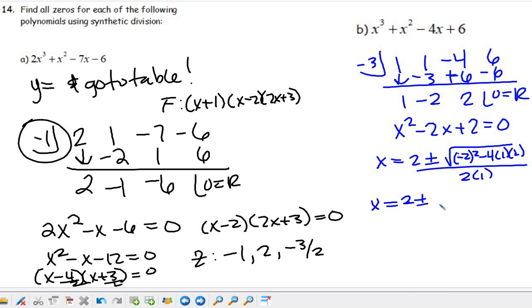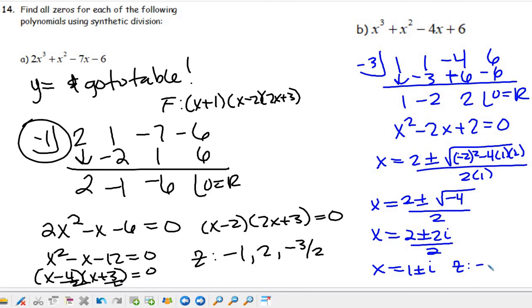So 2 plus or minus the square root of negative 2 squared minus 4 times 1 times 2, which is negative 4. So that's kind of nice. So I have x equal to 2 plus or minus 2i over 2, which simplifies to 1 plus or minus i. So your zeros would be negative 3, the first one that you found, and 1 plus or minus i.